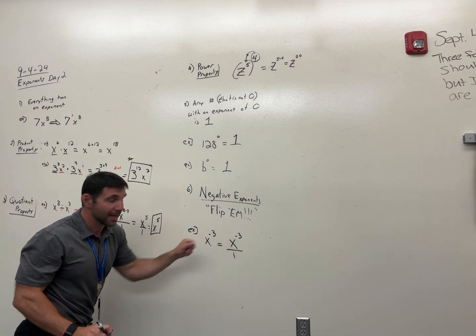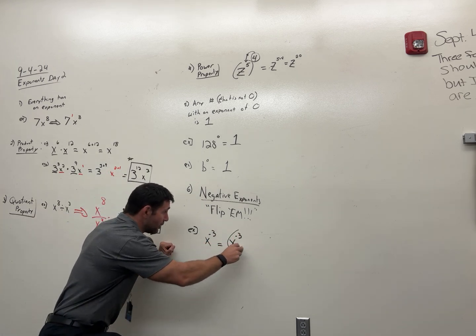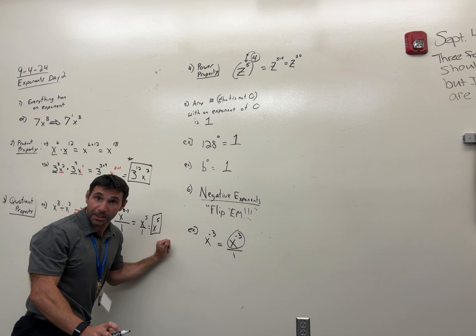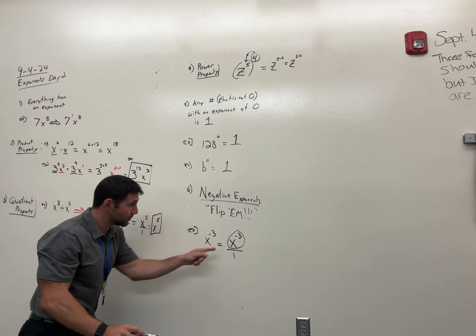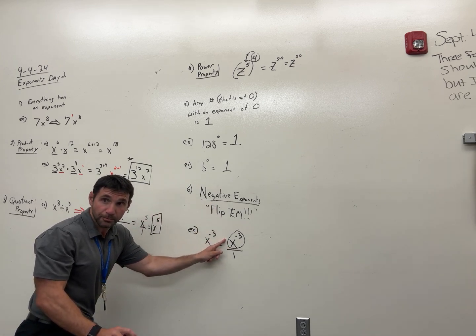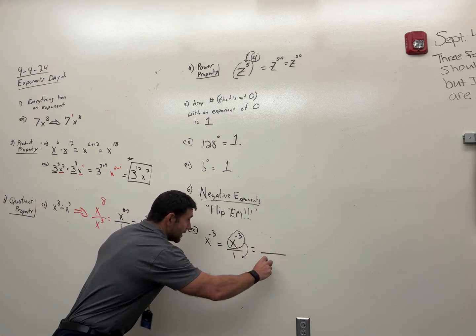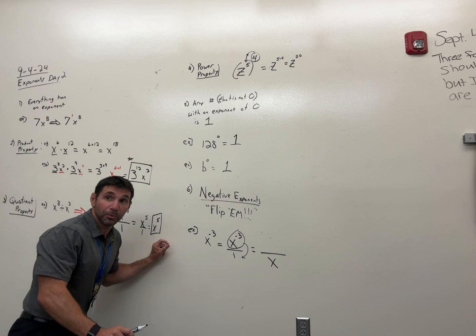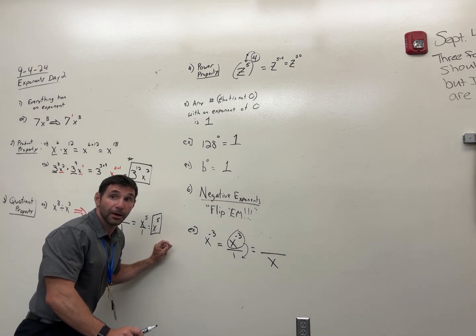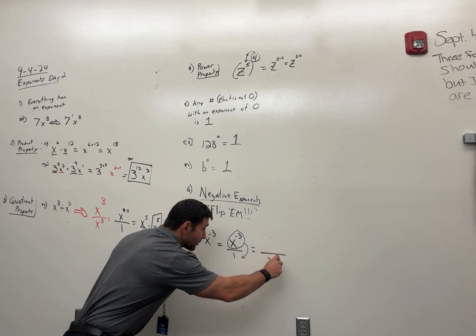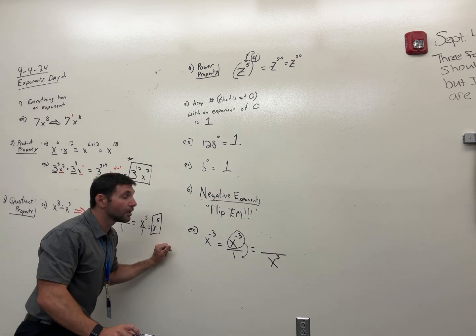The base x has a negative 3, which means all of this, just the thing with the negative exponent, gets flipped. If it's in the top, where would it go? Bottom. So, right now, it's x to the, and when we flip it, it becomes positive. The goal is to make it positive. Where'd the 1 come from?